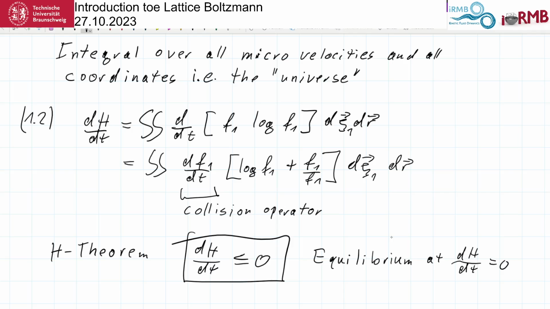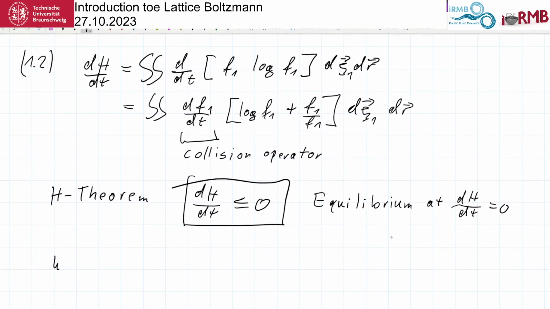So it makes sense. Now, I'm going to take some overtime, but I'll do it anyway. I give you the answer why this is smaller than 0. Are you interested in this? Now, you came here, I hope you are. Okay, so let's put the collision operator.